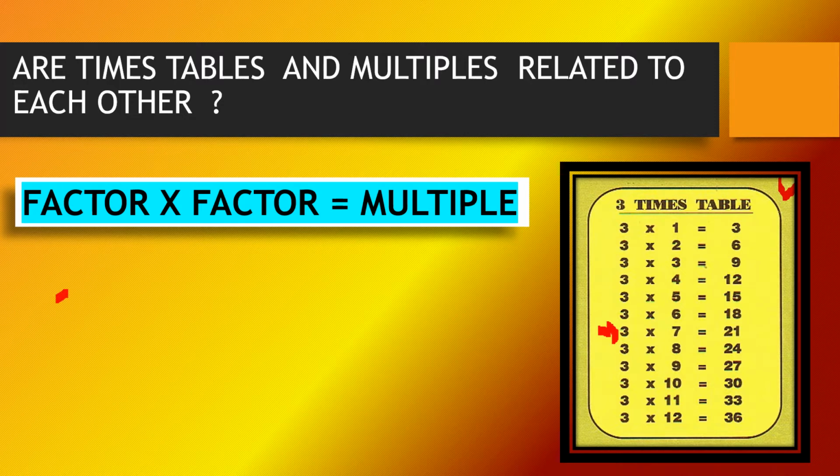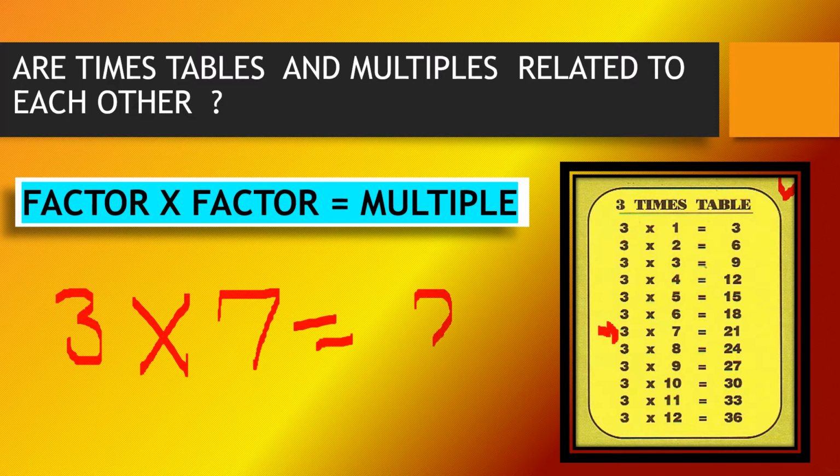So I'll write 3 multiplied by 7, and it is equal to 21. So clearly here 3 is a factor, 7 is also a factor, and 21 is a multiple. Whenever you have to find the multiple, you simply think of the table of a number and you will get so many multiples.